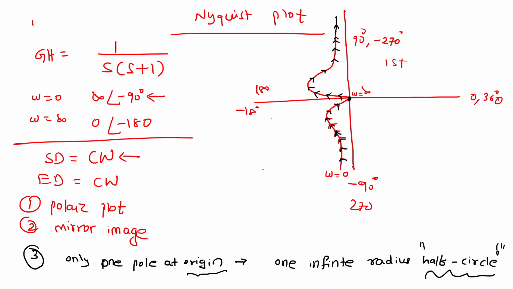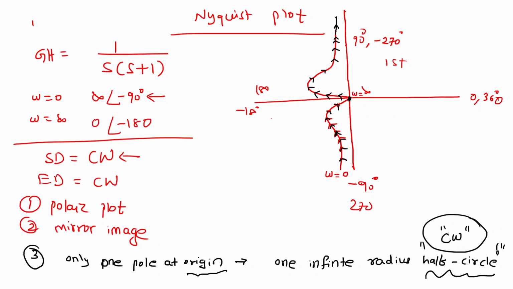Now you see, in this question, how many poles are there at origin? One. So what is the answer? One infinite radius half circle, right? The direction of that infinite radius half circle will always be clockwise.